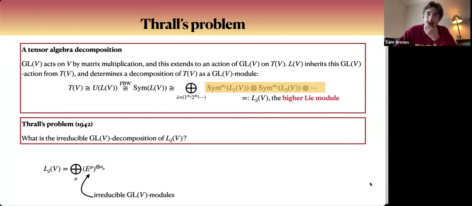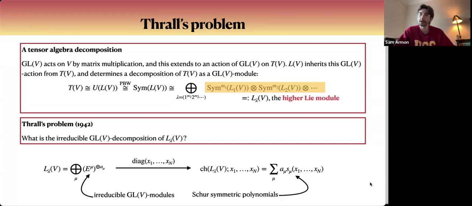So again, as a reminder, finding the irreducible decompositions of these higher Lie modules by taking characters is equivalent to expressing the character of the higher Lie module in the basis of Schur functions.